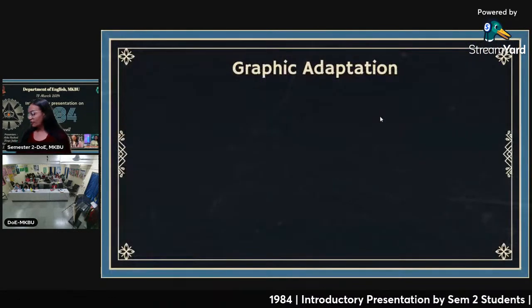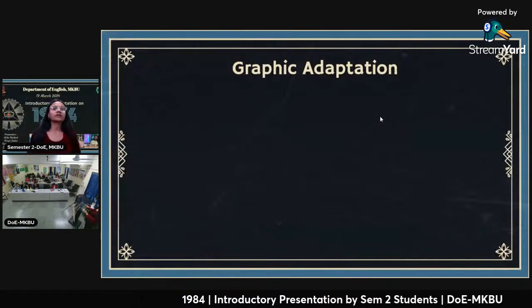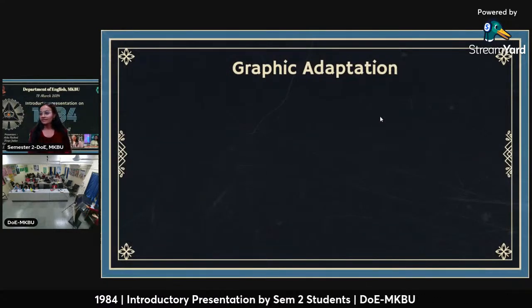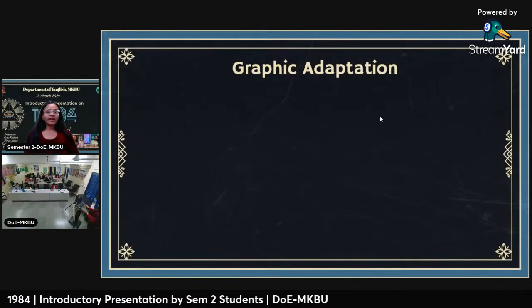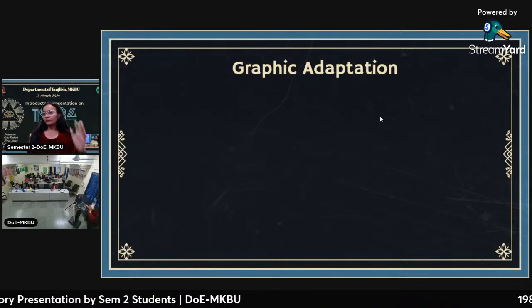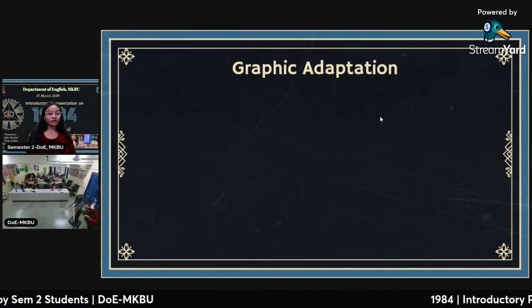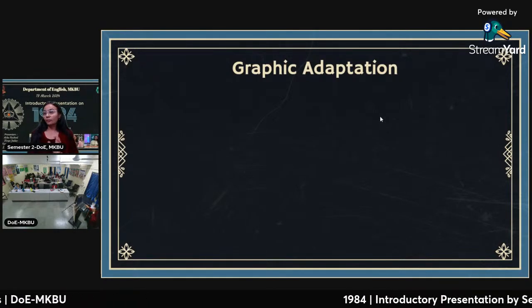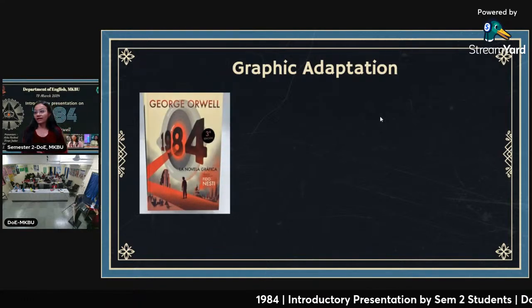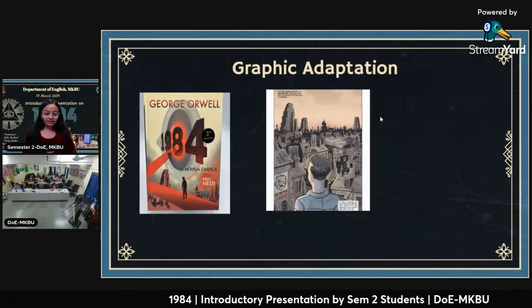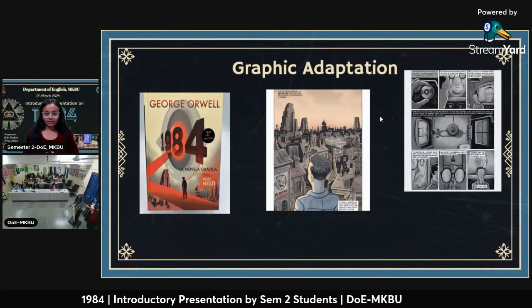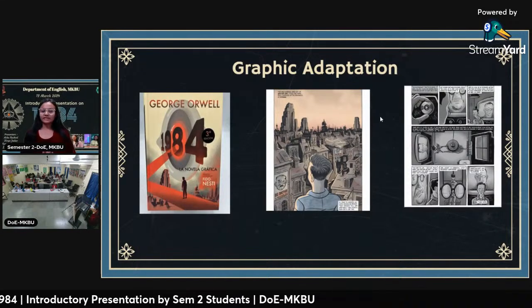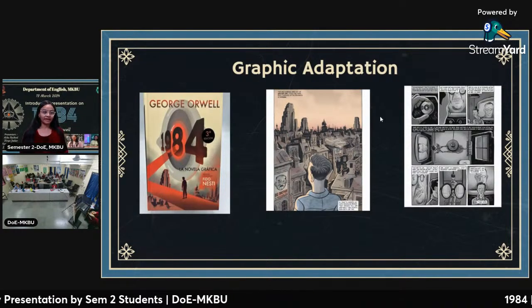If you look at the graphic adaptation of 1984, which is very recent, it is a masterpiece of the 20th century, and we find that lots of adaptations are there, whether movie or the very popular genre nowadays, the graphic adaptation. It is in picture form, so readers can enjoy it in a different way.